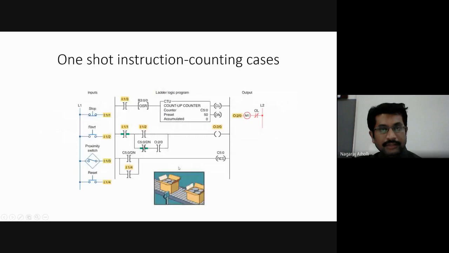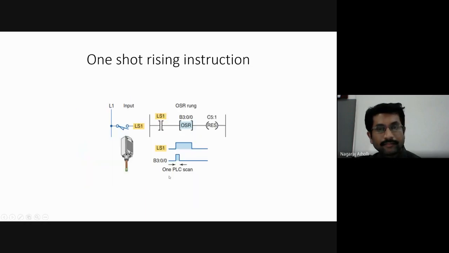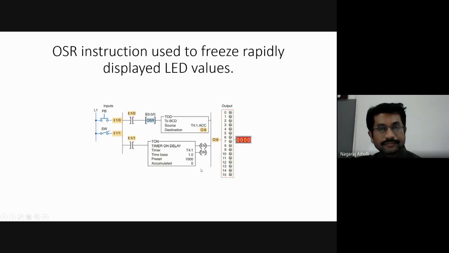Then the next program is one shot instruction counting cases, how many cases or boxes have moved on the conveyor belt, that is being counted, and we have written a program for that. The one shot rising instruction, OSR, is a ladder logic program, right? The OSR instruction is used to freeze rapidly changing displayed LED values.